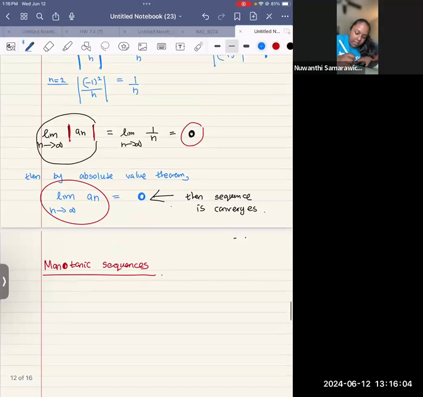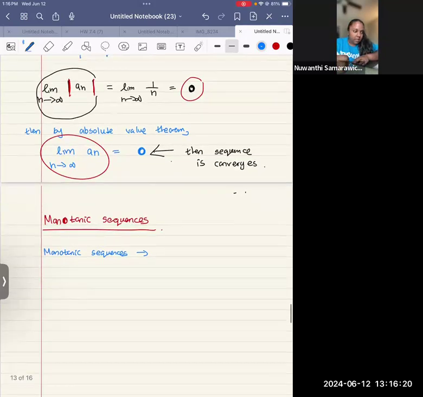Monotonic sequences are sequences where the sequence is always increasing or always decreasing.